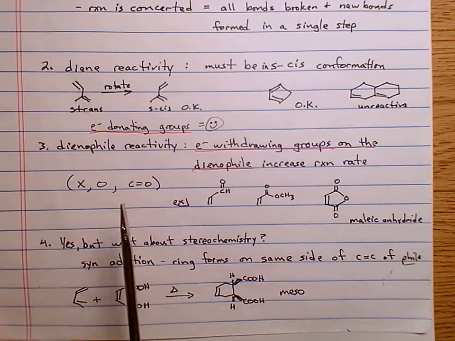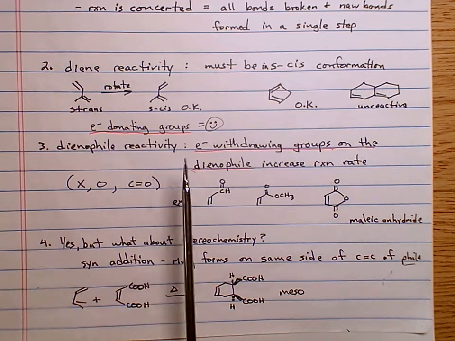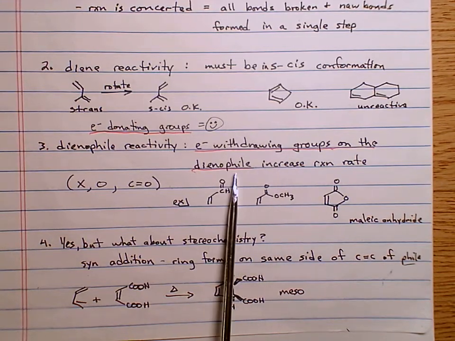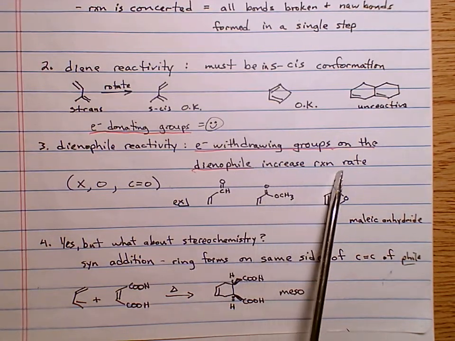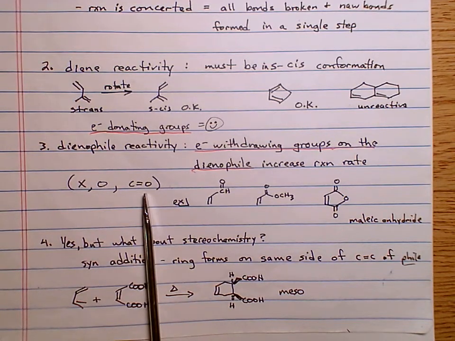Okay. Let's look at the reactivity of the dienophile, the double or triple bond. It turns out electron withdrawing groups on that dienophile increase the reaction rate. Halogens, oxygens, especially carbonyls.